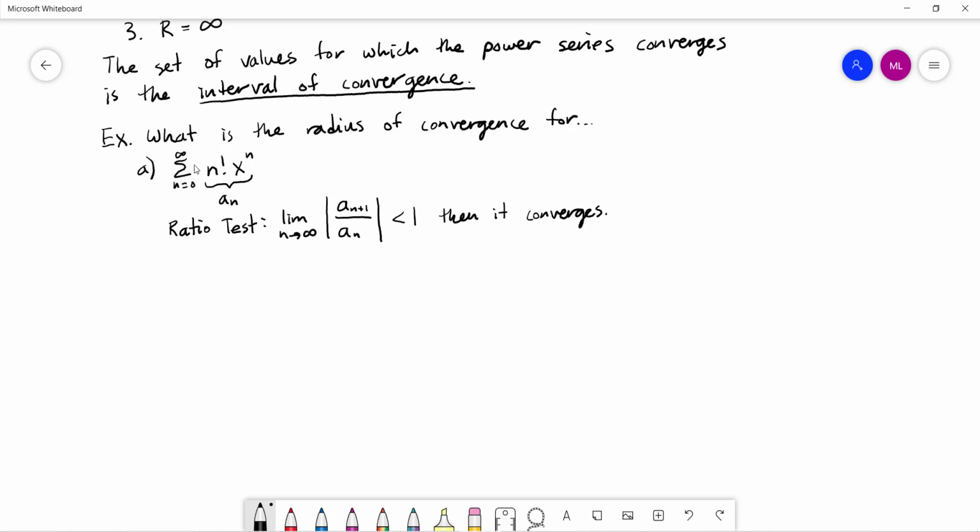But when we've been looking at series so far, it's only had n and constants. Now we have this additional variable x, and this is what makes it a power series. And this is what makes it possible that for some values of x, it'll do one thing, and for other values of x, it'll do something different. So these are indeed different from the stuff that we've been looking at for the last several sections. So just keep that in mind. This x part is pretty new.